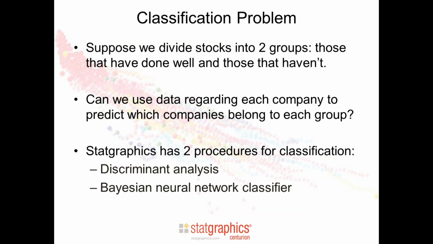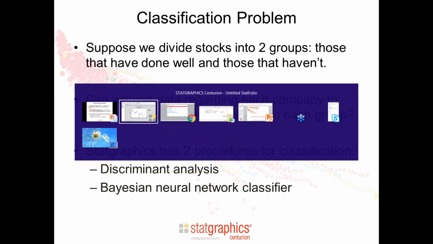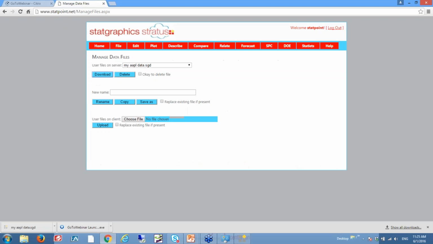Suppose I'm at the point where I'd like to decide what stock to buy. There is lots of information about various stocks that I can find on the internet. In fact, there's a website, which I should probably show you, called finviz.com.